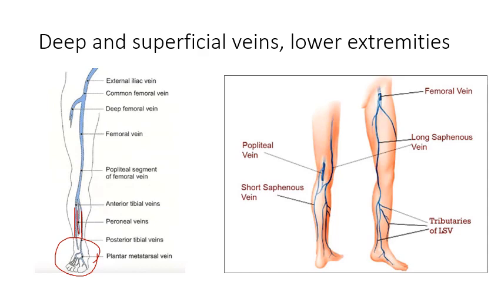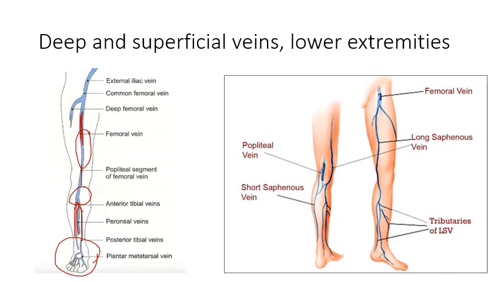Together they go together into what's called the popliteal vein, and this continues on, changes its name to the femoral vein, and there's a superficial of the deep veins.